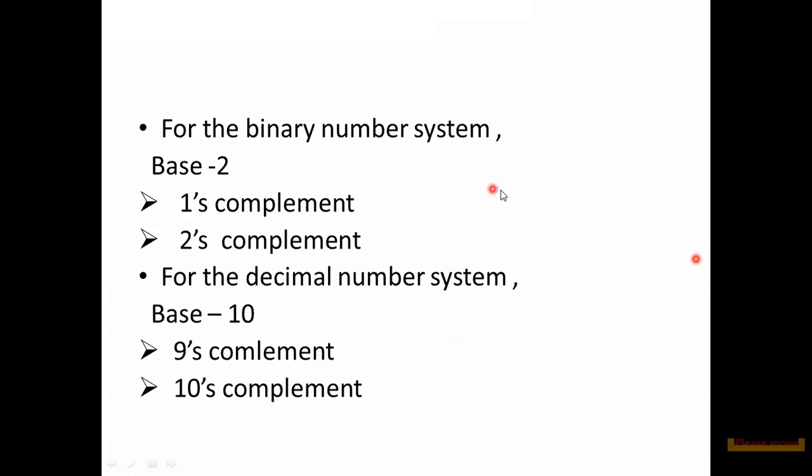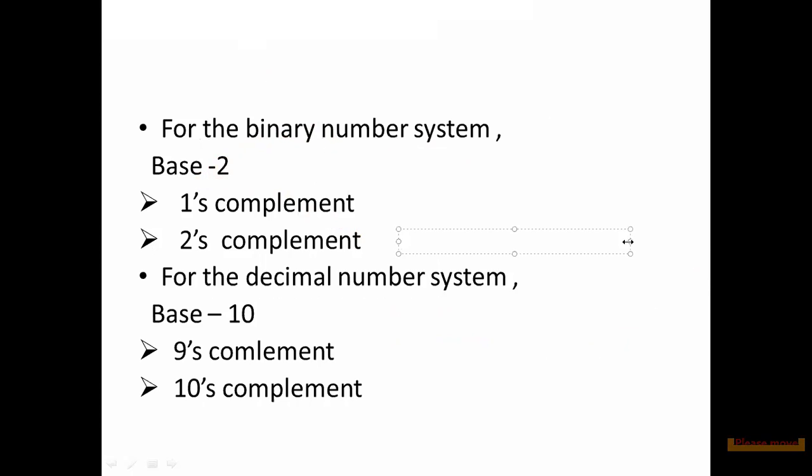See here. If you are taking the binary number system, what is the base or radix? The base is 2. For binary number system, the base is 2. Okay, amma, two complements untayani cheppam kada, R's complement and R minus 1's complement. That means here base is 2 kadamma.